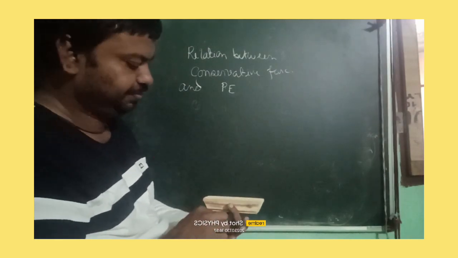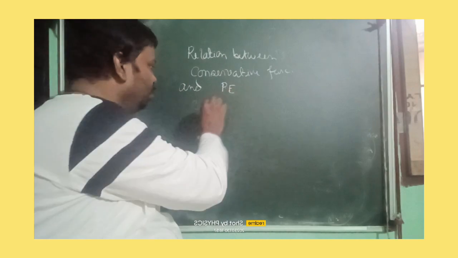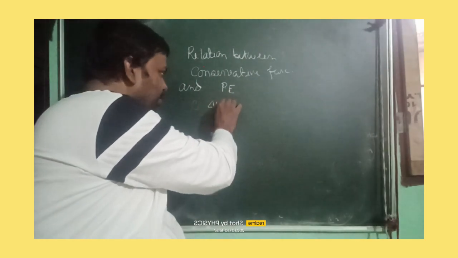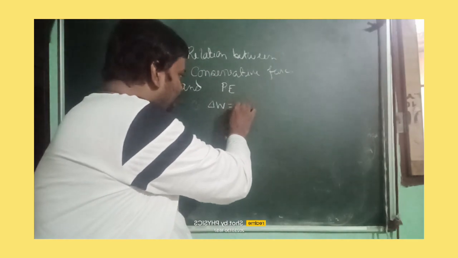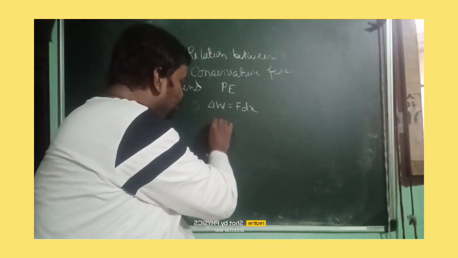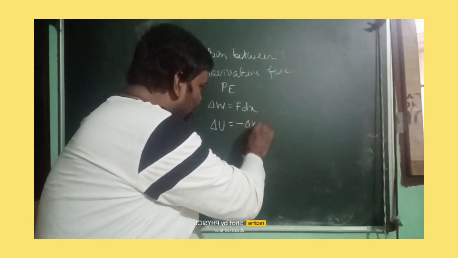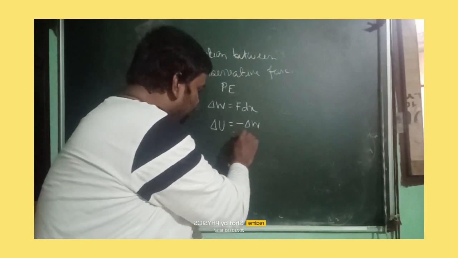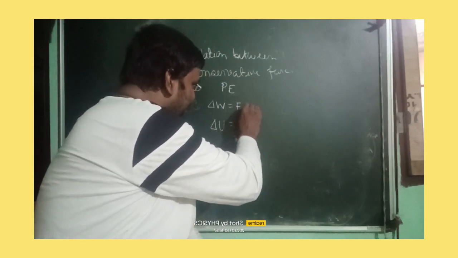Now here we should consider that delta W is the work done. That is equal to F into delta x, and delta U is the potential energy, that is equal to minus delta W. Now putting delta W here, we get F into delta x.